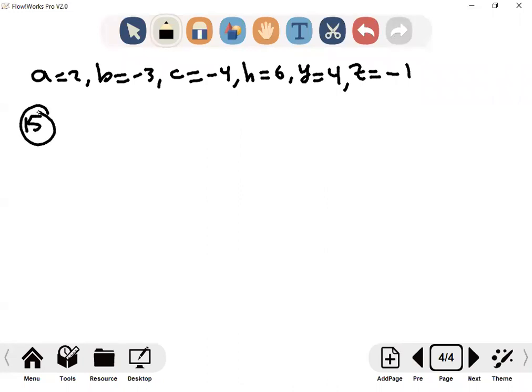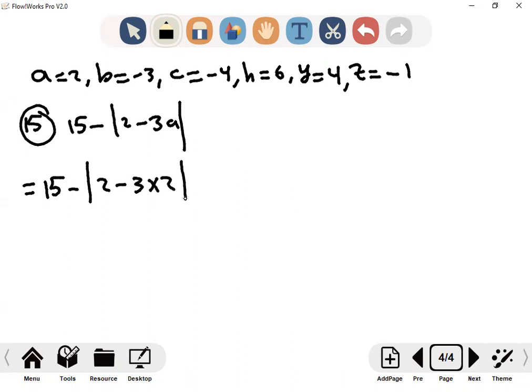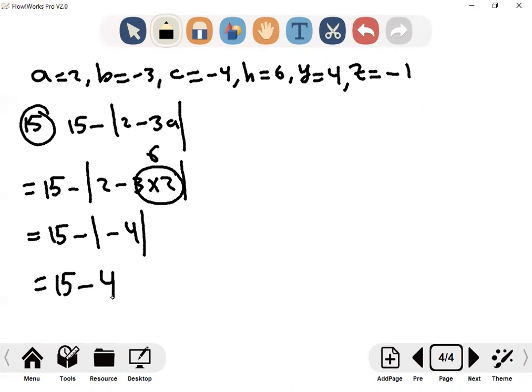Question 15, we have 15 minus the absolute value of 2 minus 3a. This is equal to 15 minus the absolute value of 2 minus 3 multiplied by a, which is 2. Means 15 minus the absolute value of 2 minus 6. 2 minus 6 is minus 4, the absolute value of minus 4. 15 minus the absolute value of minus 4, which is positive 4, so 15 minus 4 is 11.